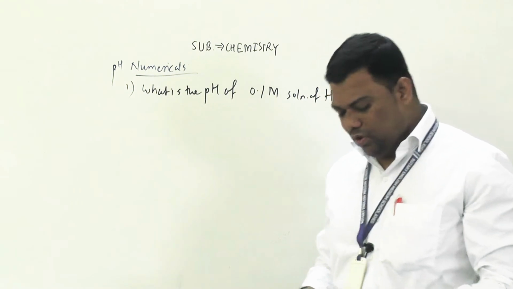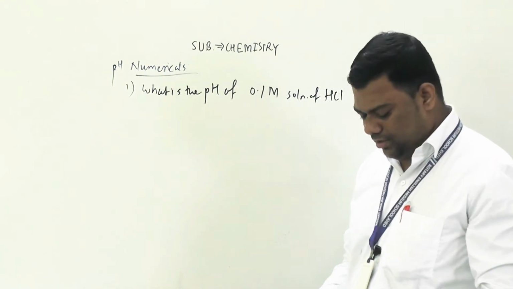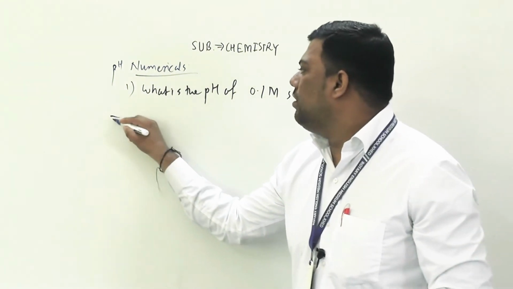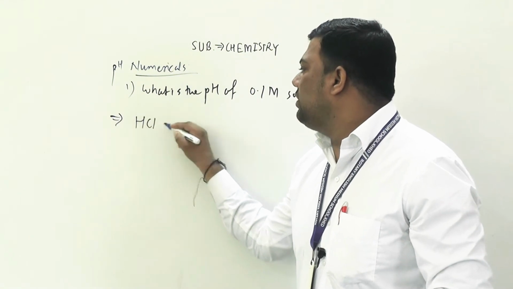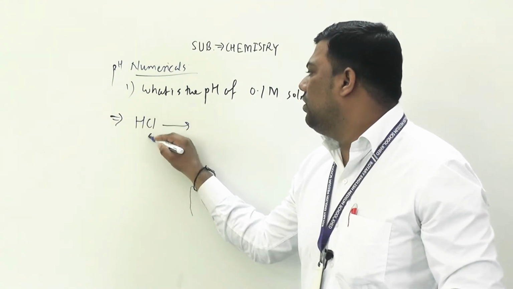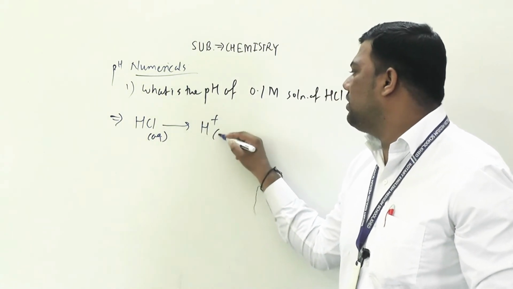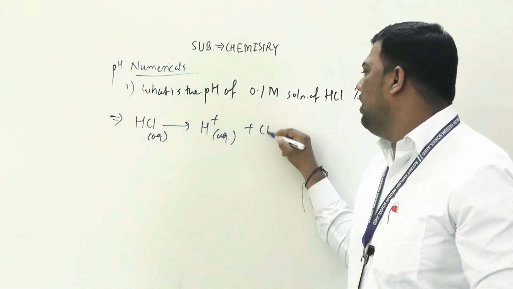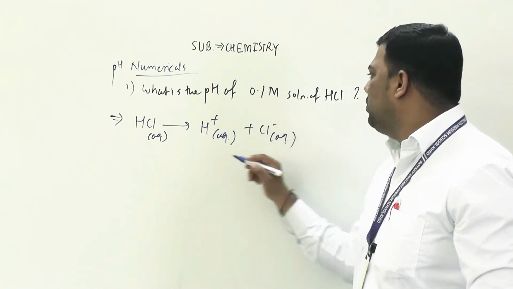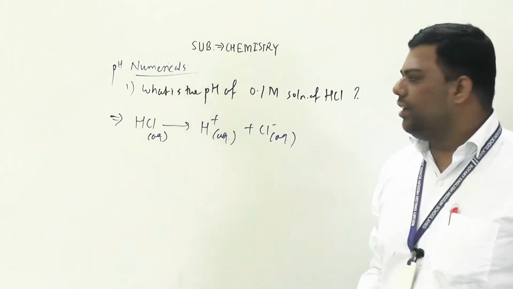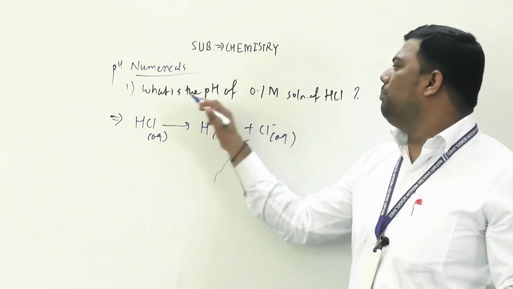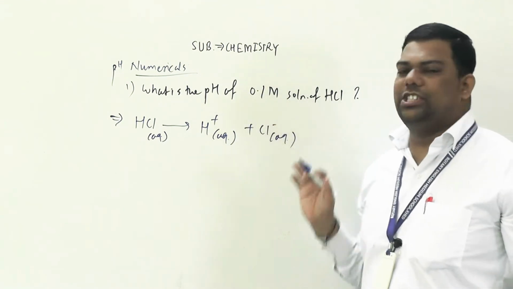As you know, HCl dissociates in aqueous solution into H plus aqueous and Cl minus aqueous, meaning only one H plus. So what is the pH of 0.1 molar solution of HCl?